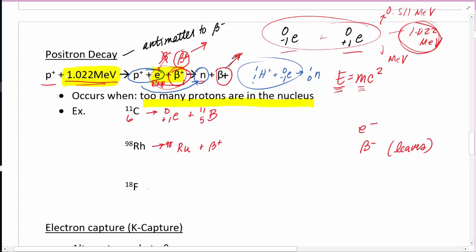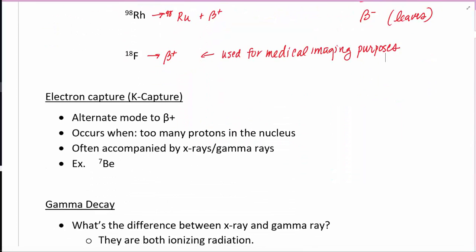Or if fluorine 18 is also a positron emitter. I bring this one up because this is used for medical imaging purposes. So you future doctors or nurses or radiation technologists or anything like this, this is a super important radioactive isotope that is used, and has a fairly short half-life, so it's important that the hospital is near where that radioisotope is being produced. Okay, moving on.